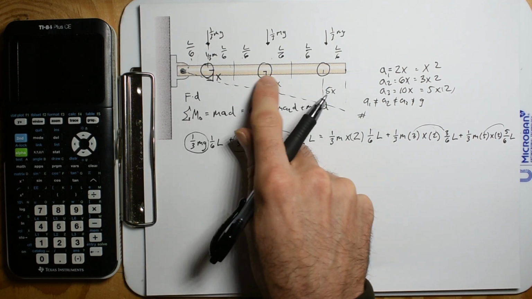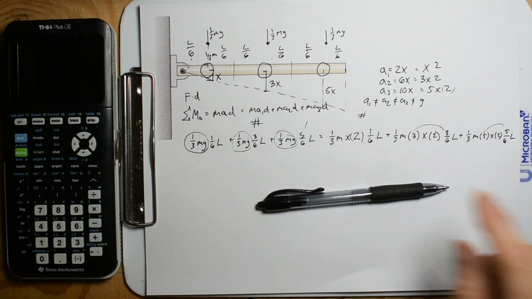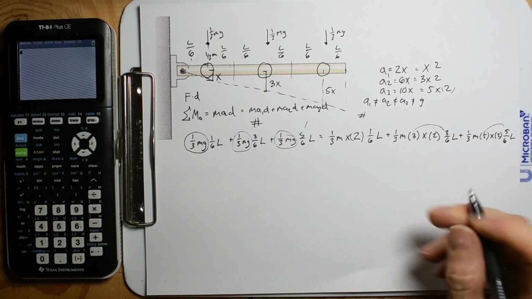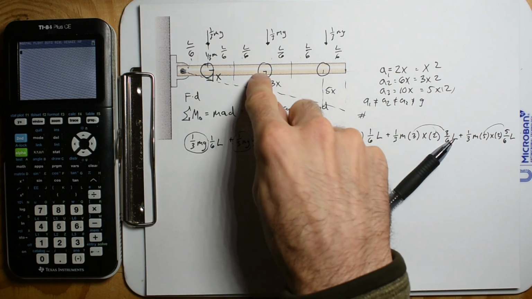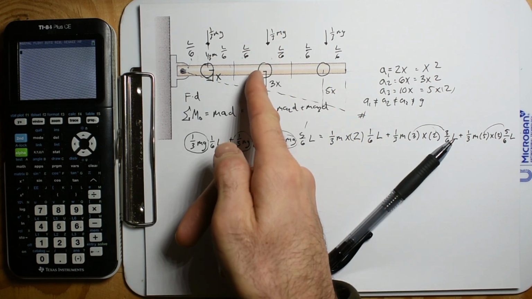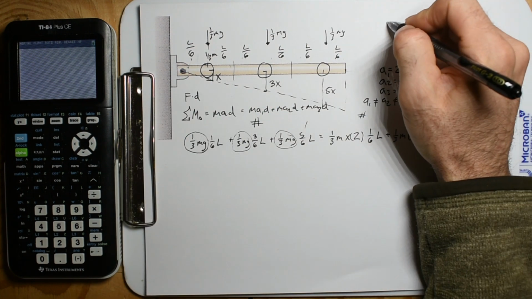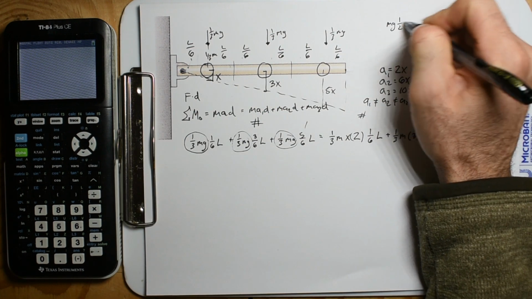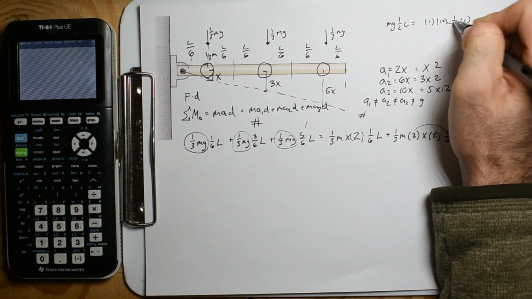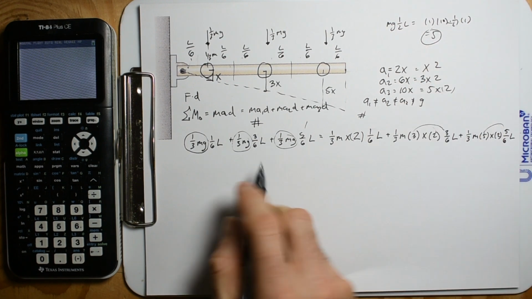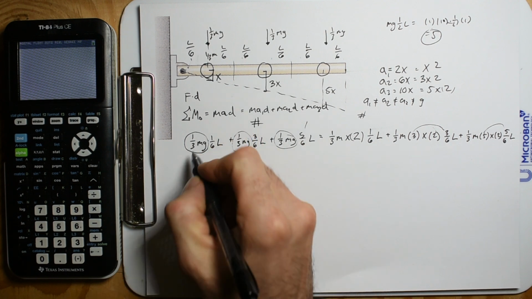One-third m, and then, all right, holy Toledo, I'm losing my mind, because we want this to be representative of the typical problem where we just have the center of mass in the middle, and then the torque is equal to mg times 1/2 L. The general form of torque would be mg 1/2 L, and that would be 1 times 10 times 1/2 times 1, and that would be 5. So this number shouldn't change, and yeah, so we're going to have 1.5 over here, but we're going to get a third.